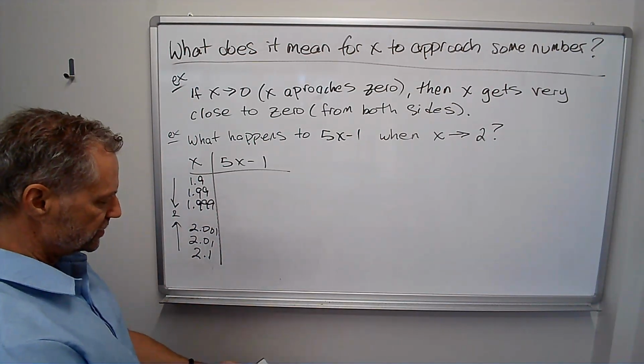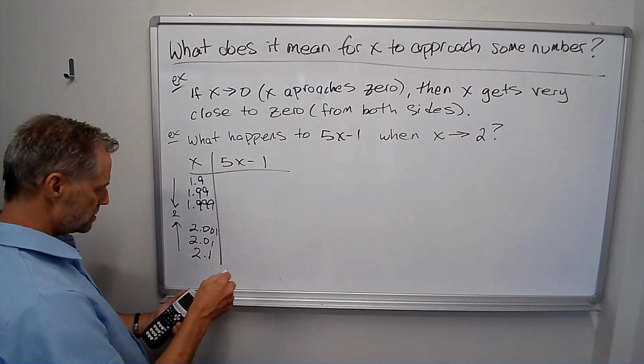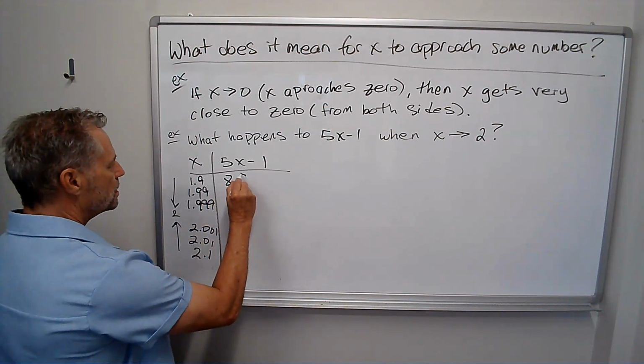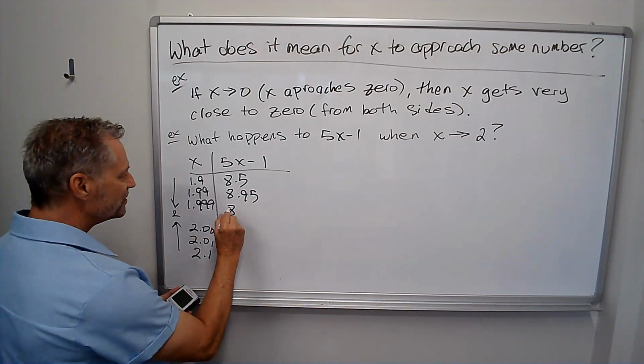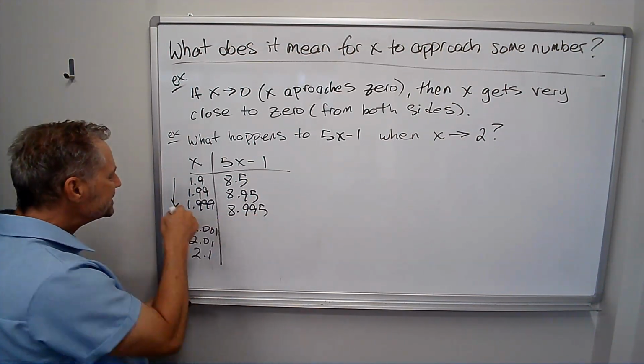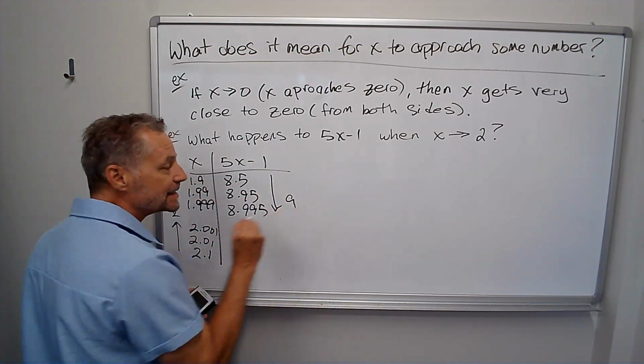All right. So I get 8.5, 8.95, 8.995. So we see as this is getting close to 2, this is getting really close to 9.